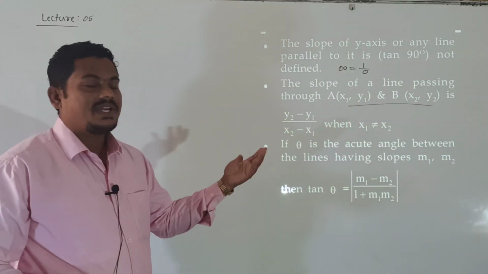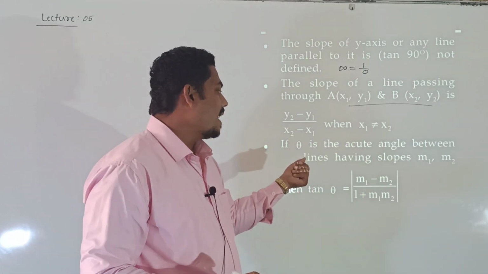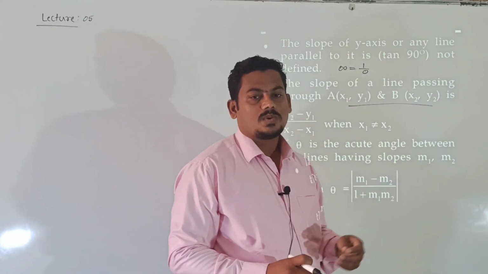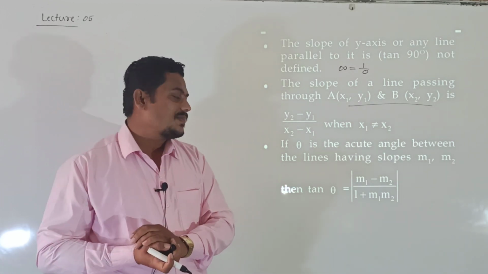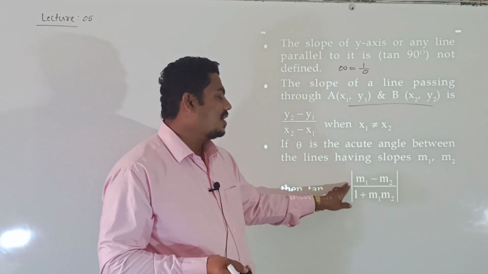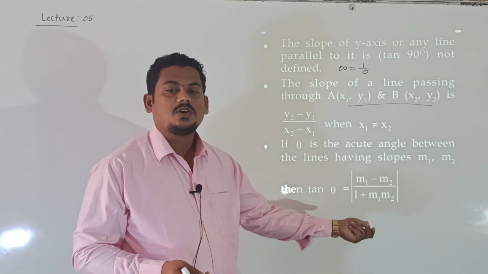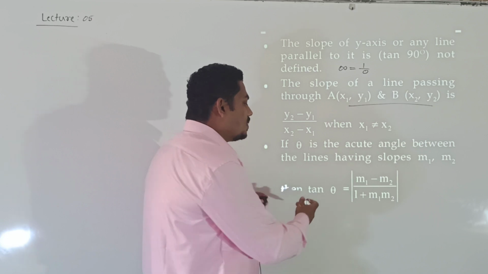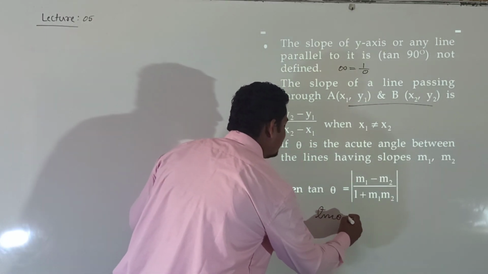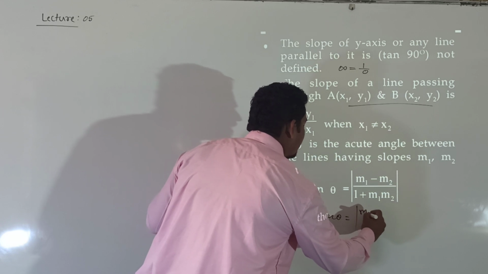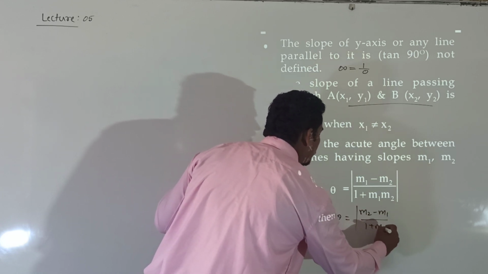Next, if theta is the acute angle between the lines having slopes m1 and m2, already you know the formula. The angle between two straight lines is tan theta equal to modulus of m2 minus m1 divided by 1 plus m1 into m2.